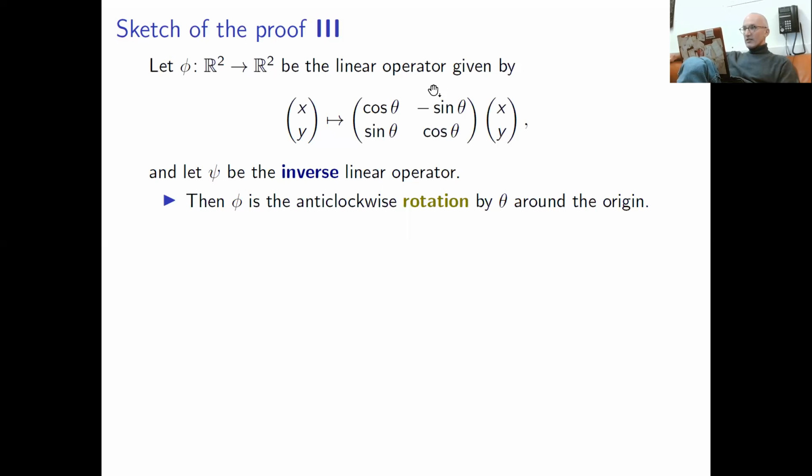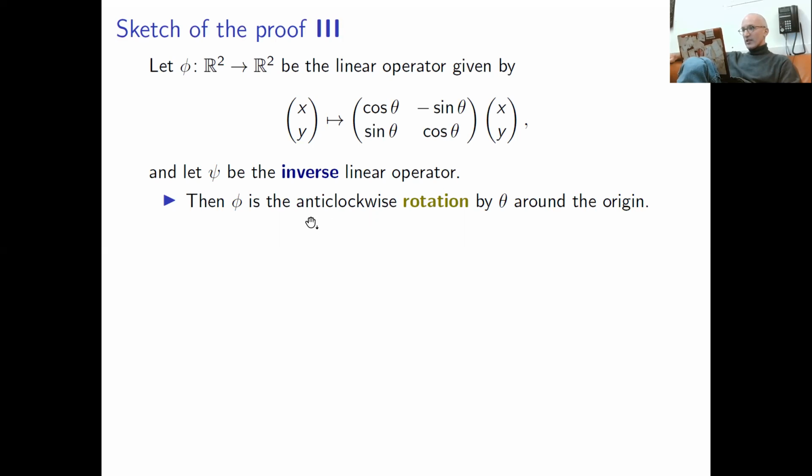So I found the rotation, phi. This is a rotation by angle theta counterclockwise. And as in the first example we considered in this part of the lecture, we denote by psi its inverse linear operator, which is basically a rotation by angle theta clockwise.